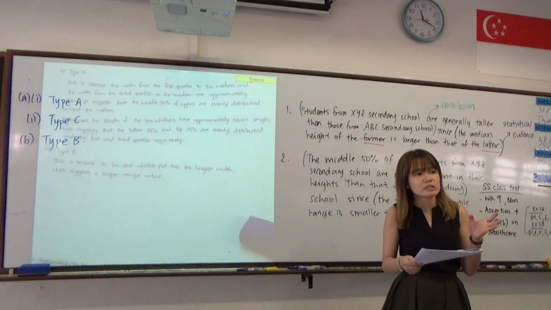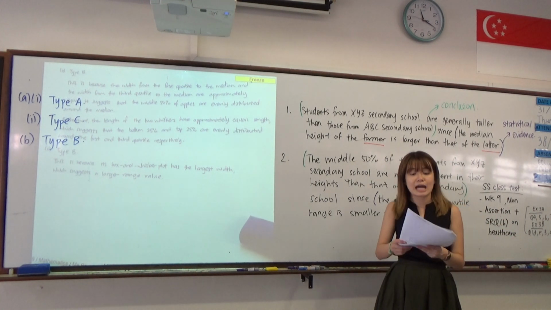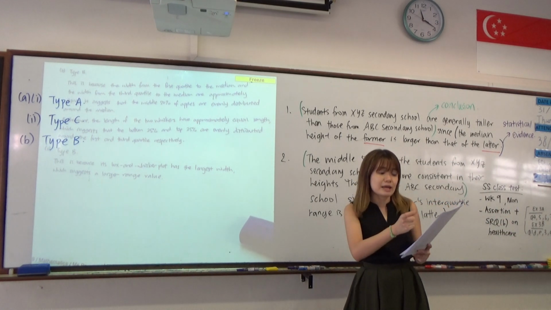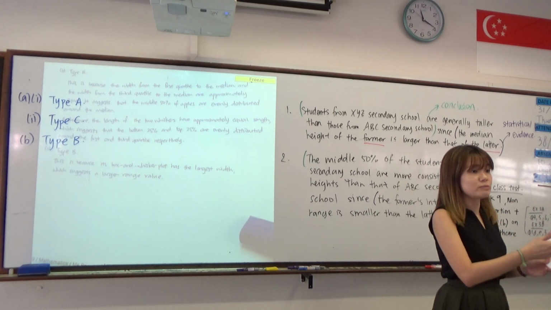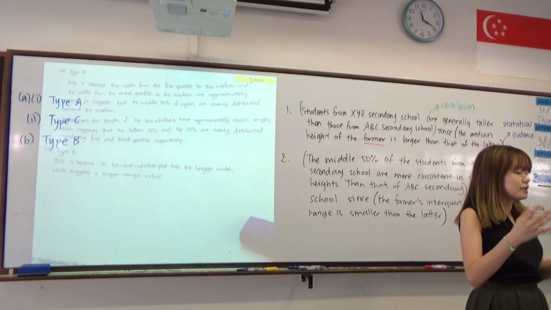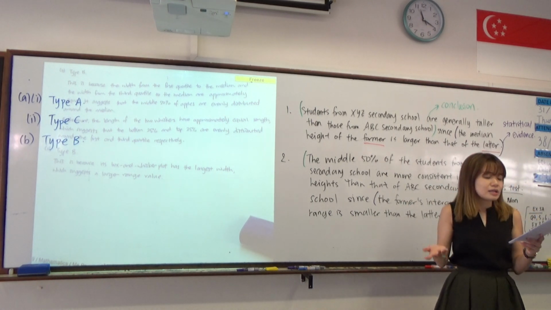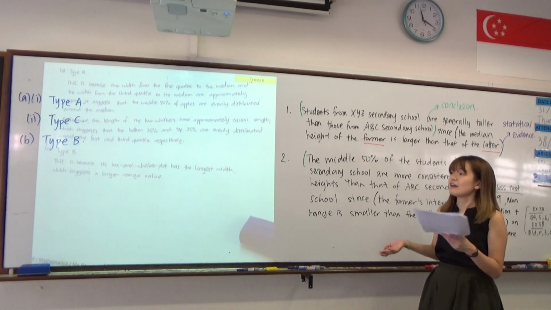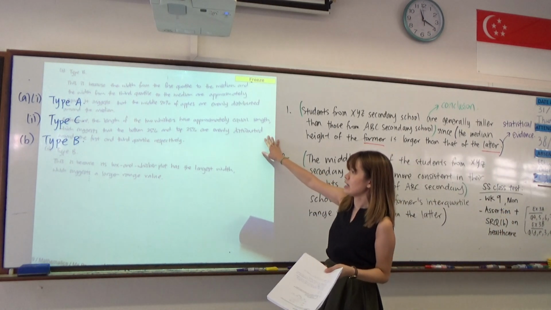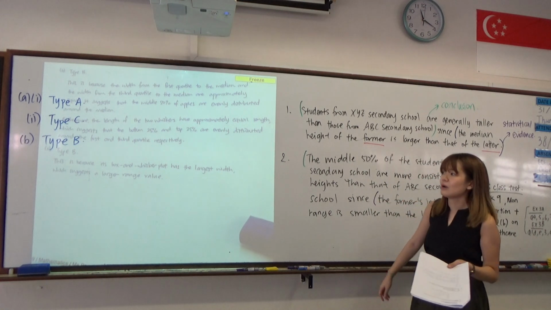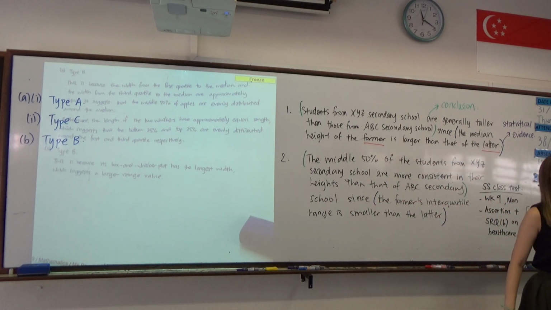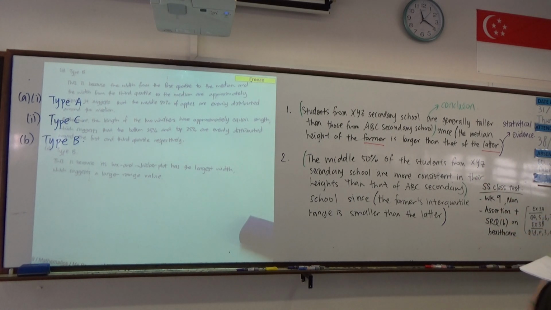Why is it that I use the word approximately? It is because I'm not able to do an exact measurement. There is no scale given to me over here. So the whiskers have approximately equal length. This suggests that the bottom 25% and the top 25% are evenly distributed around the first and third quartile respectively. So this will be how I would describe it.